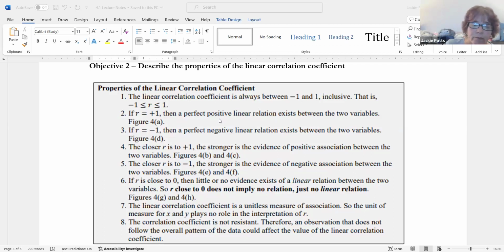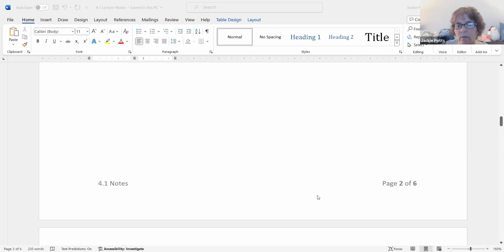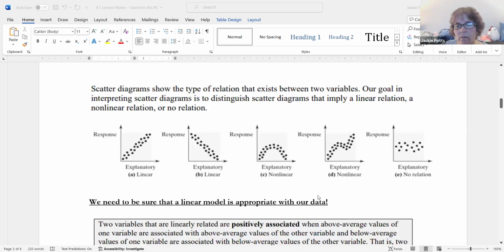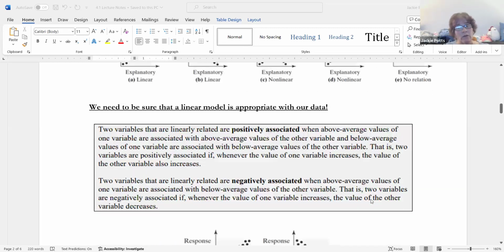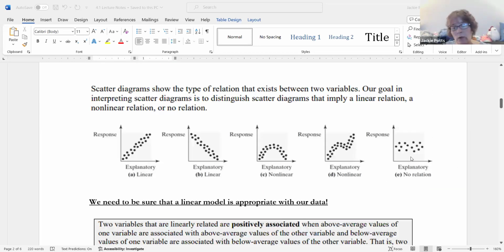So this is just going through and describing what the values mean. I'm about to give another chart. So if R is close to 0, it does not imply no relation. This is one kind of restatement. It's no to very weak, because I've seen it's really scattered.